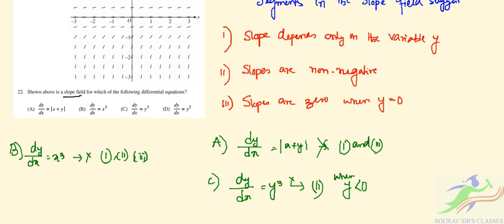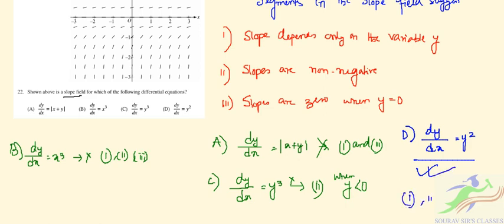Only option D, dy/dx equal to y squared, satisfies all three conditions: the slope depends on the variable y, slopes are non-negative, and slopes are 0 when y equals 0. So the correct option for question number 22 is option D.